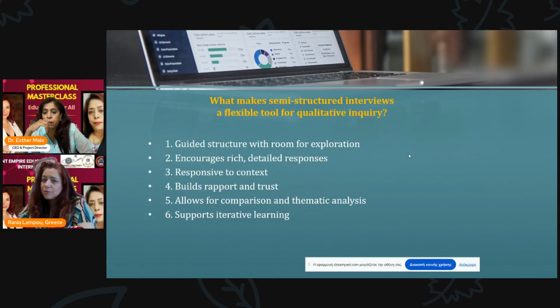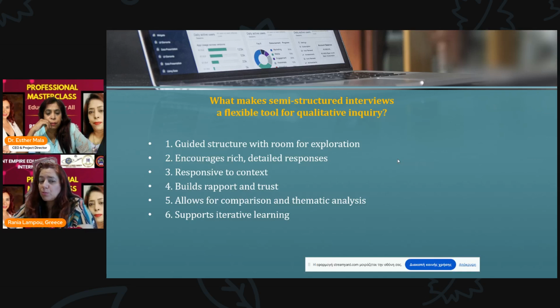The guided structure with room for exploration, because researchers use a predetermined set of questions or topics, but they are not bound to them strictly. Interviewers can ask follow-up questions, probe deeper, or explore unexpected themes based on participant responses.